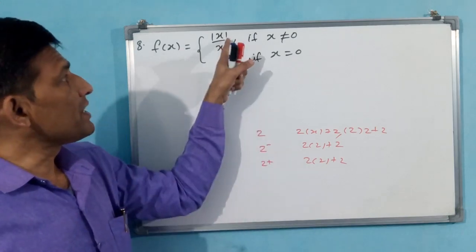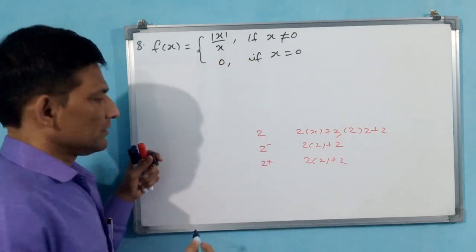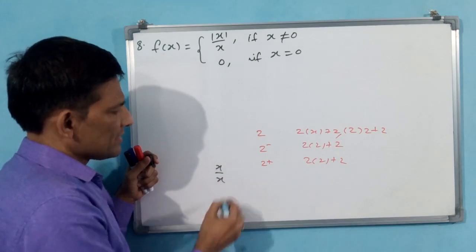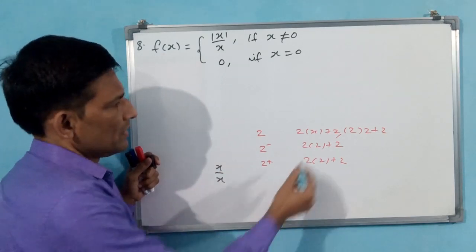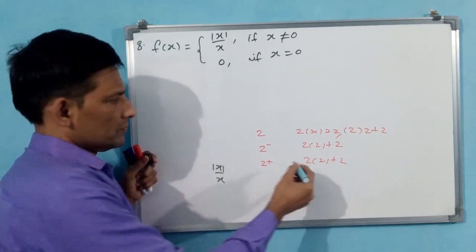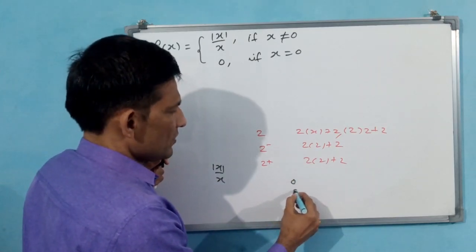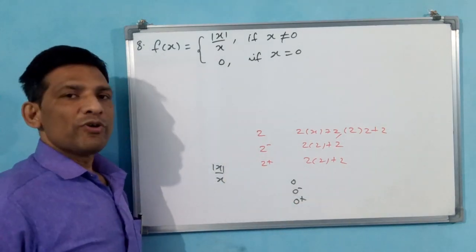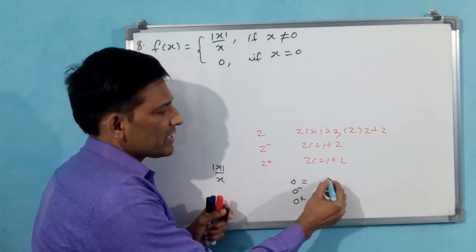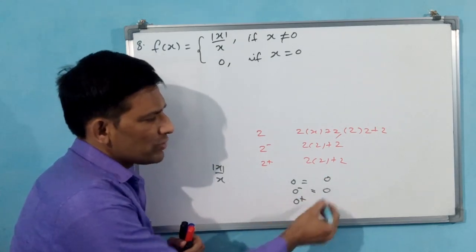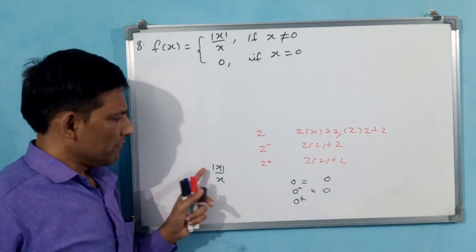But here division is there, modulus x. Or not only modulus, even division is there. x by x are there. And you are substituting 0, 0 minus, 0 plus. Then what value are you going to take? Here anyway you are taking 0, acceptable. But for 0 minus also, do you take 0? When it is dividing?